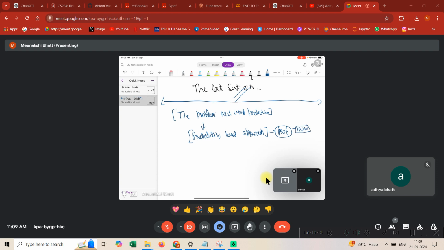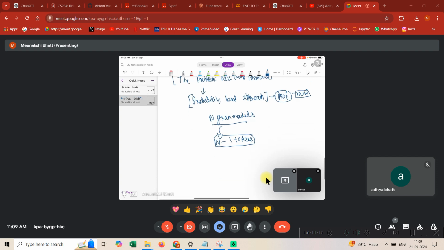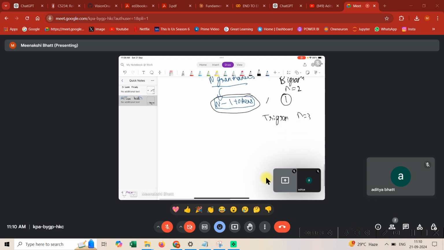This is known as n-gram models, and the next word depends on n minus 1 tokens. That means whenever you are predicting the next word, it depends on n minus 1 tokens. So in bigram, n was 2, so it depends on one word. In trigram, n was 3, so it depends on 2.